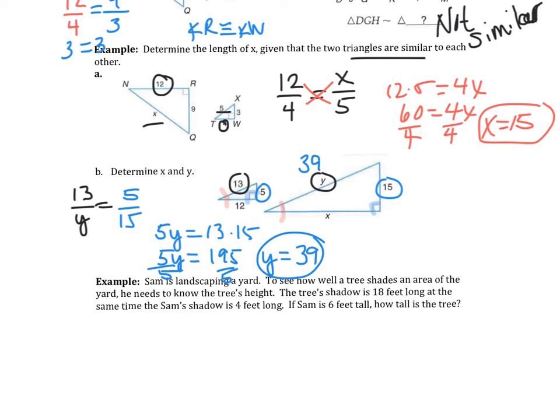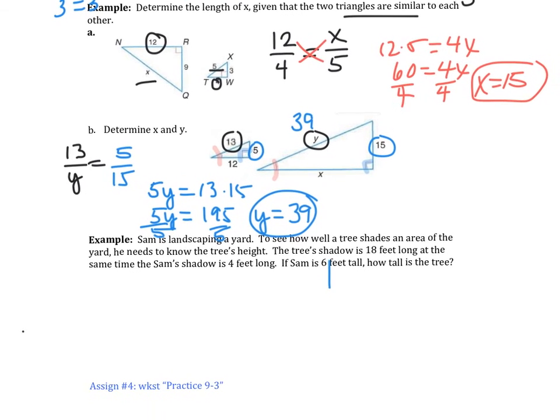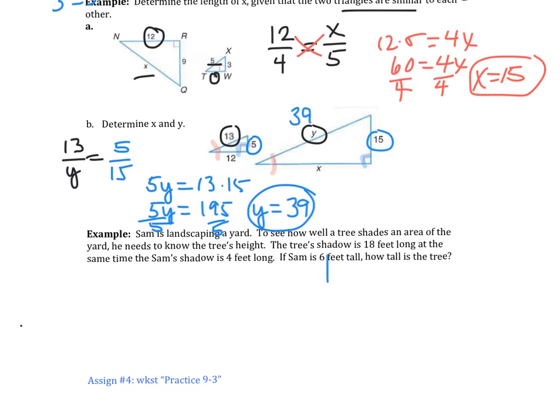Now I'm going to find my value of x. I'm going to use that same proportion of 5 over 15. So I've got 5 over 15 is equal to, and this time I'm going to use 12 over x.